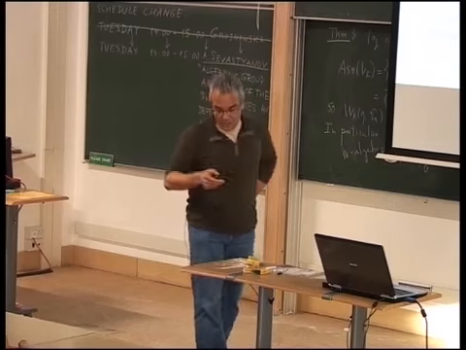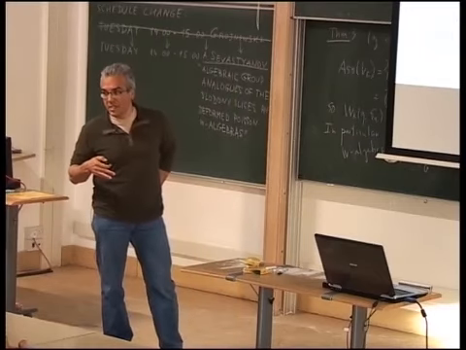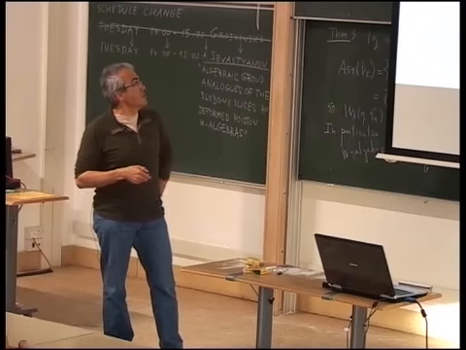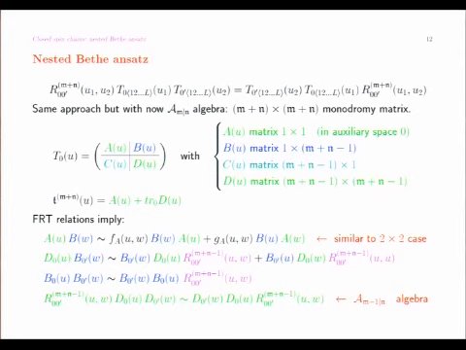Now we want to extend this to the case of larger algebras. So you start again with this RTT relation, but now the R matrices are the R matrices defining an algebra, the Yangian of G or U_q(G).